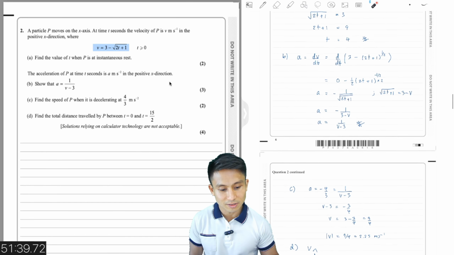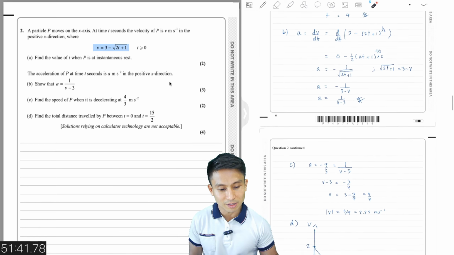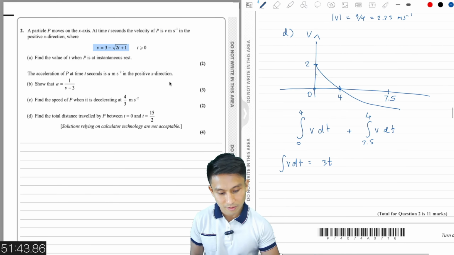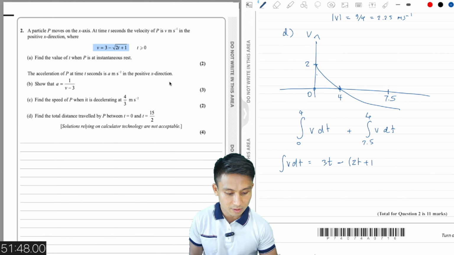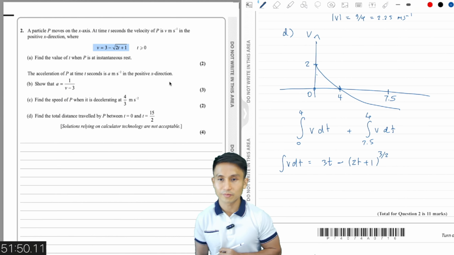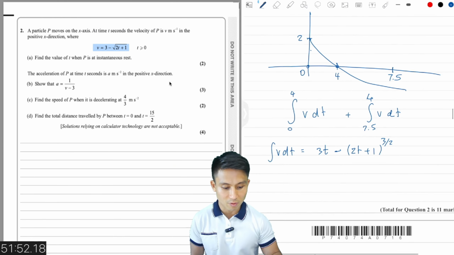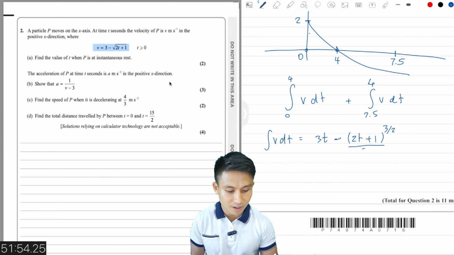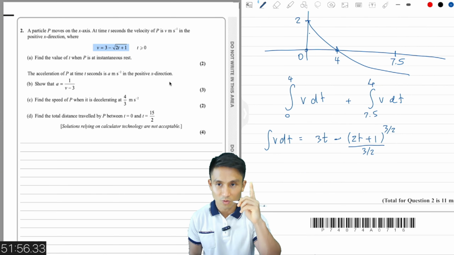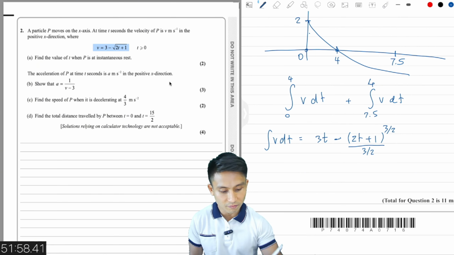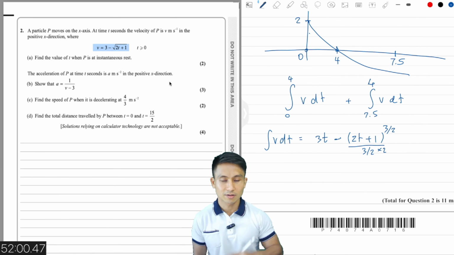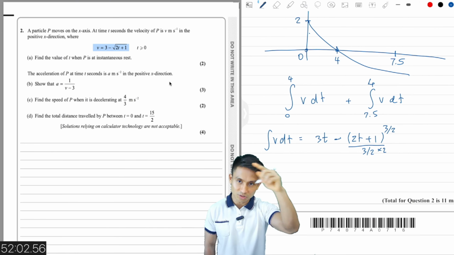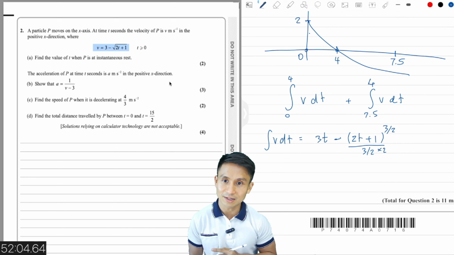So it's just 2t plus 1 to the power of 3 over 2. Yeah, that's just the power rule. And then divided by 3 over 2. And you also need to do reverse chain rule, so divided by 2 here. You need to differentiate the inner function and divide it down like that, yeah?